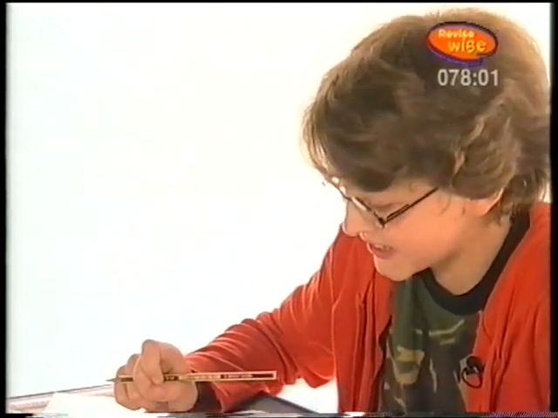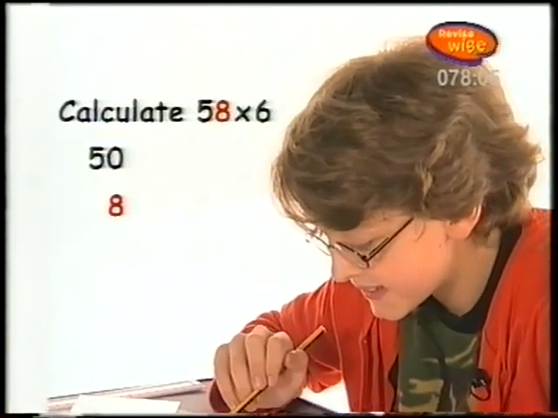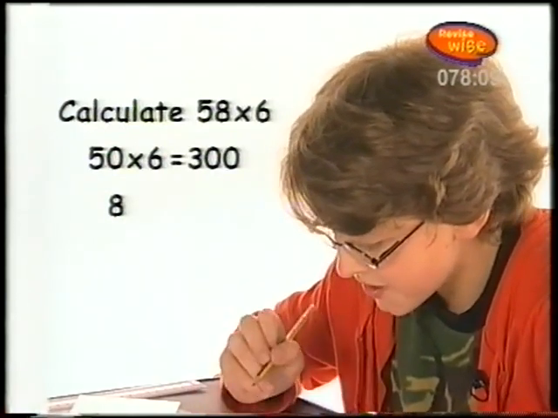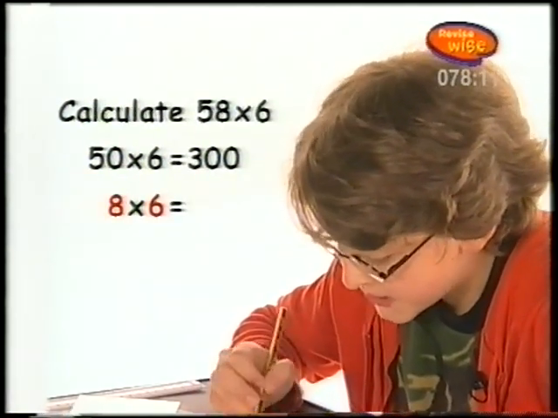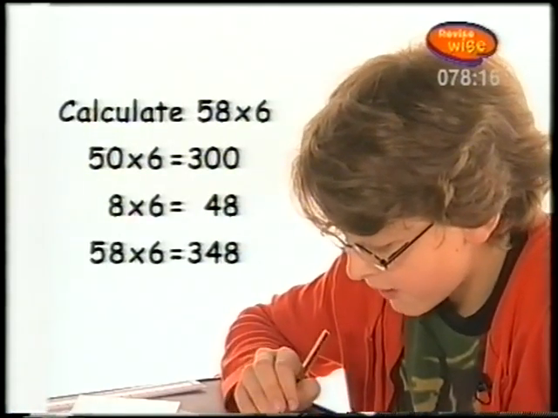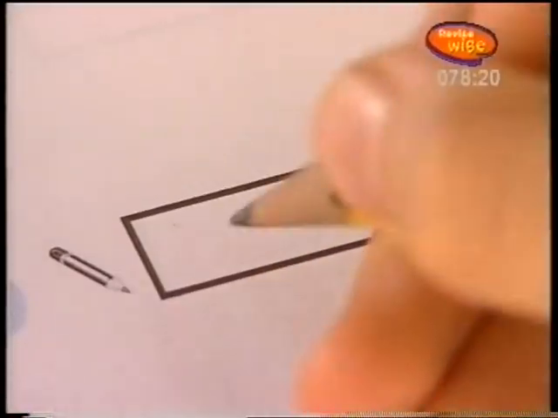It certainly does. I split the 58 into 50 and 8. 50 times 6 is 300, and 8 times 6 is 48. So I add them together to get 348. That's right.